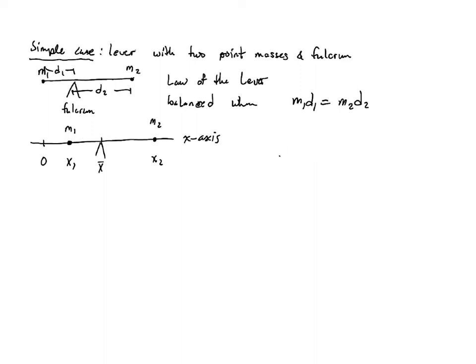And then if you translate the law of the lever in terms of what these distances are here and here relative to the numbers x1, x2, and x bar, what we have is that m1 times (x bar minus x1), that's our d1, equals m2 times (x2 minus x bar), that's our d2.